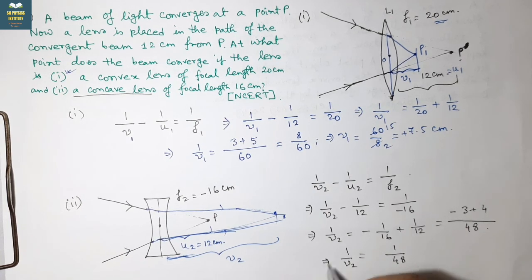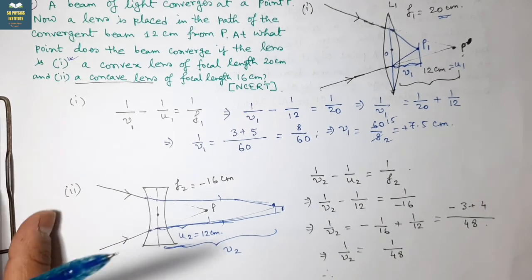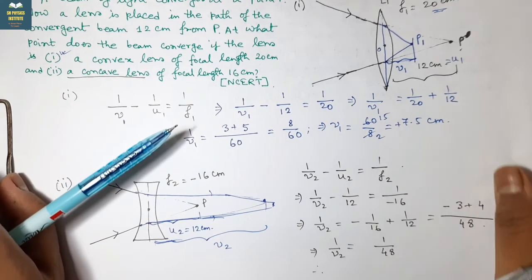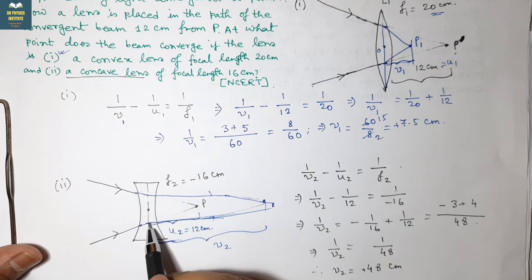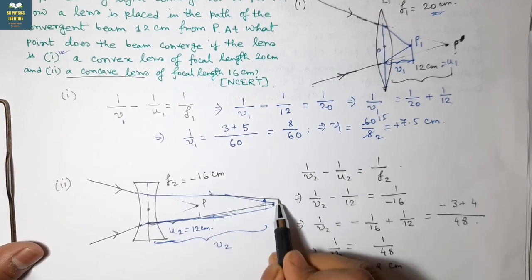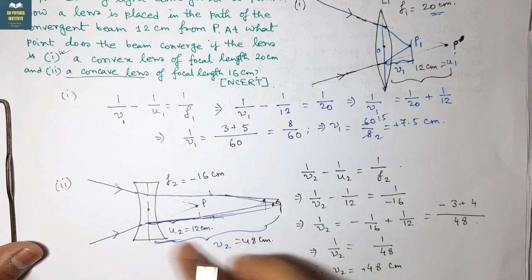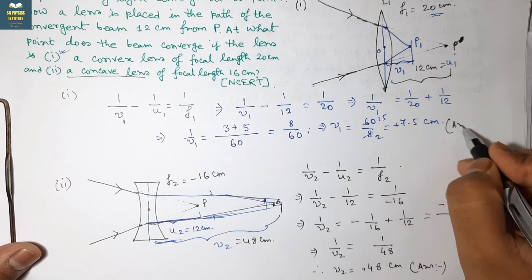So the value of v2 is plus 48 centimeters. From here this ray will meet at 48 centimeter from the lens. Okay, so this is your problem. Okay, thank you.